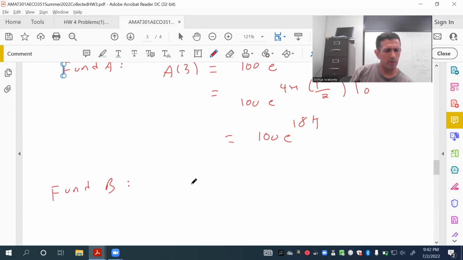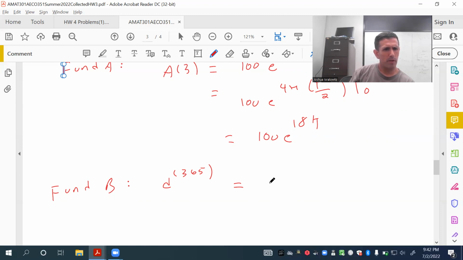And this is going to be 100 e to the 18k. Okay, so fund B. For fund B, again, I'm not giving you i-365, I'm giving you d-365. I forget if I focused on discount or interest on the exam for summer 2022.